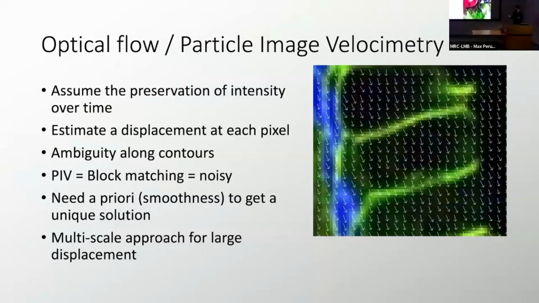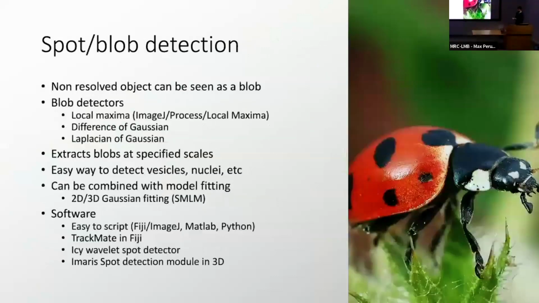Once we have the image deconvolved and registered, we may want to find features of interest in our image. So we can perform some blob or spot detection. Often the object we want to localize is just under the resolution limit. It can be single molecules, vesicles, or various other things which appear on the image.